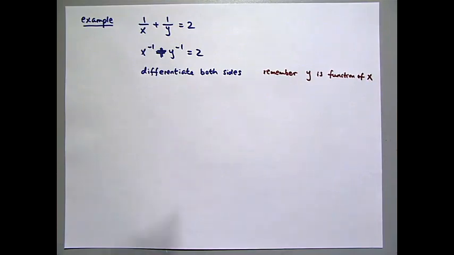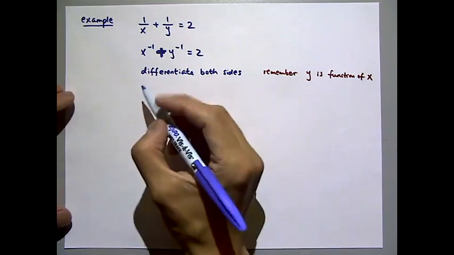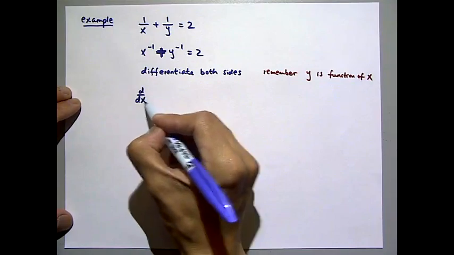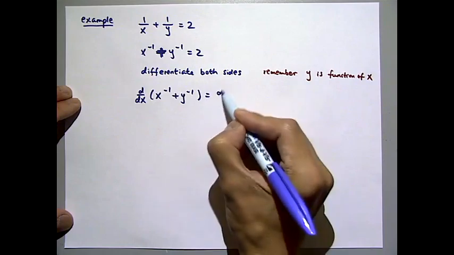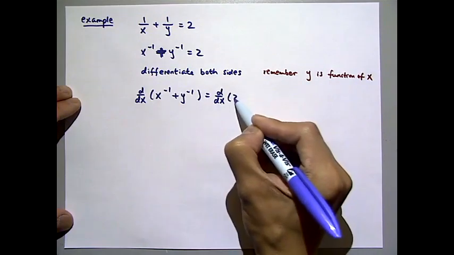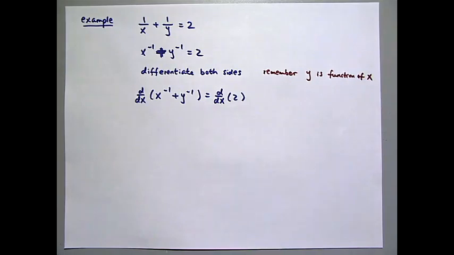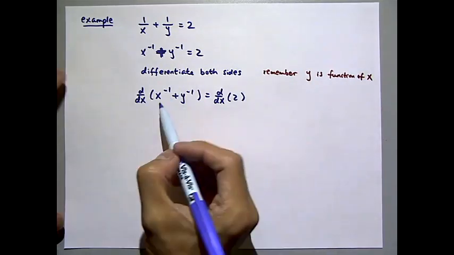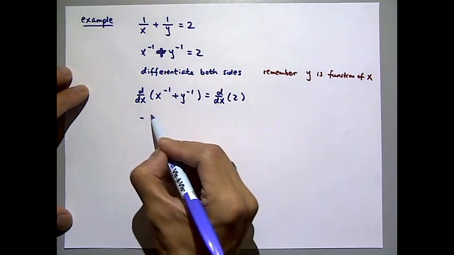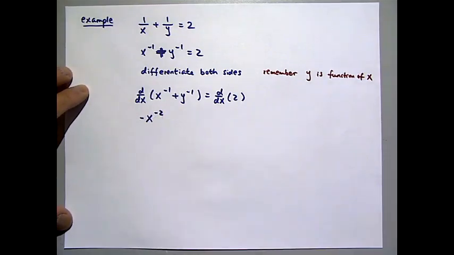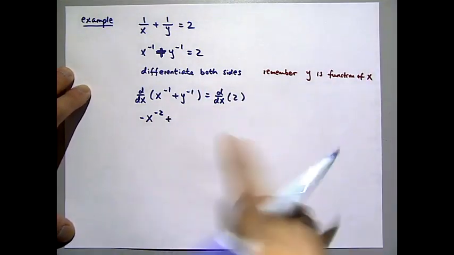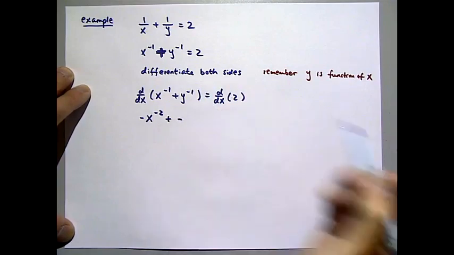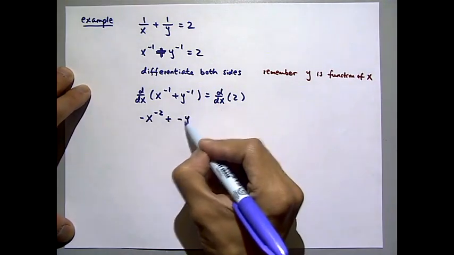Okay, so when you take the derivative of y to the minus 1, you've got to remember the chain rule applies. First part is simple, negative x to the minus 2. And now for y to the minus 1, bring the power down, minus 1 times y to the minus 2.